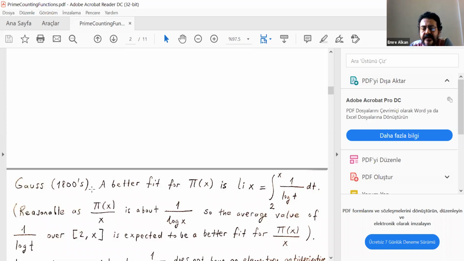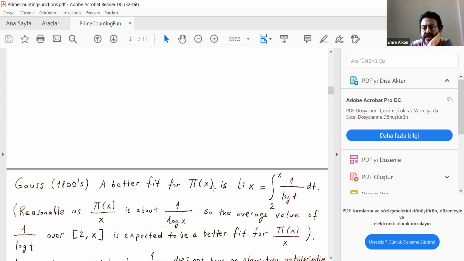Just by looking at prime tables of his time, as Legendre did, he made a better kind of guess. He made this remark: a better fit for pi of x is this function, Li of x, and it's defined like this: the integral from 2 to x of the function 1 over logarithm of t.